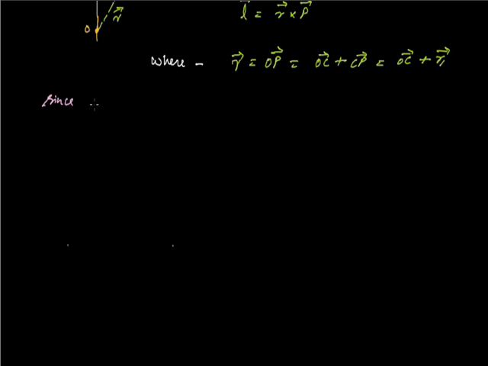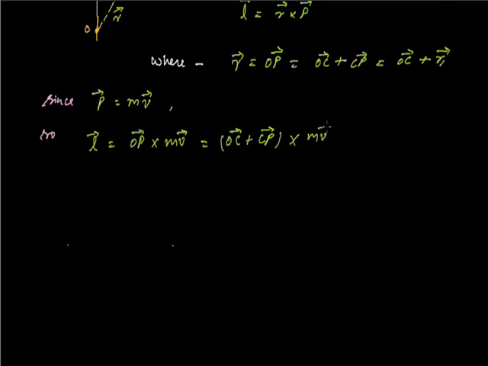Since the momentum of the particle is equal to the mass of the particle multiplied by its velocity, the angular momentum of the particle is given by OP cross mv, which further gives the vector sum of OC and Cp, cross multiplied by mv.